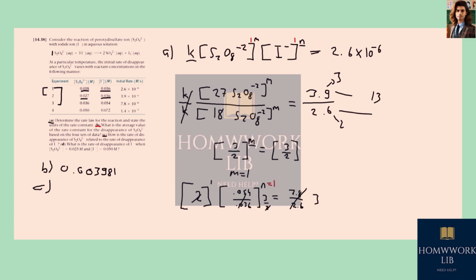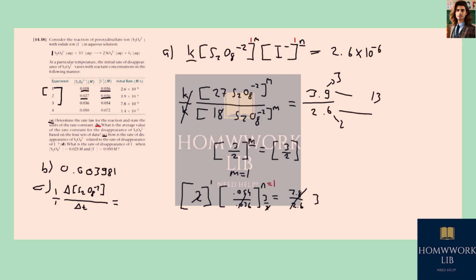So how we can write this is the delta of concentration of S2O8 divided by delta T. That's for time, you can write it as seconds too.